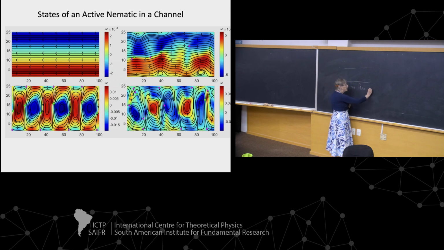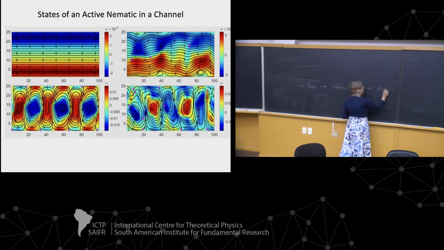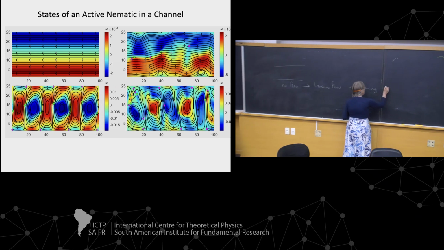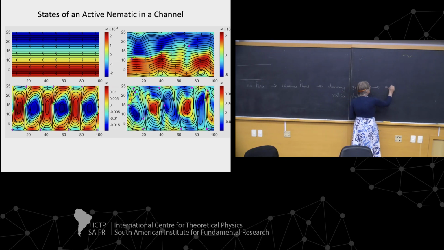And then if you increase the activity or the width of the channel, you get a laminar flow, i.e. a flow which just flows in straight lines down the channel or is maybe a shear flow. And then you get a fun thing which we call the dancing state, for reasons I'll show you, or a vortex state. And then you get active turbulence.